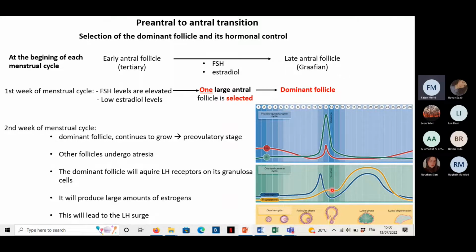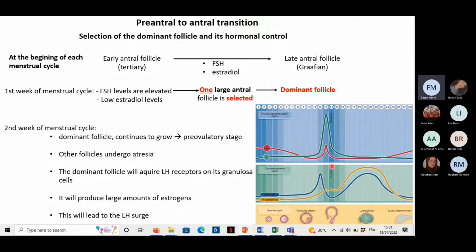We will talk about them in detail now, but it is due to this LH peak that this dominant follicle will, under the action of LH, stop producing estrogen and start producing progesterone, and also we will have the ovulation.